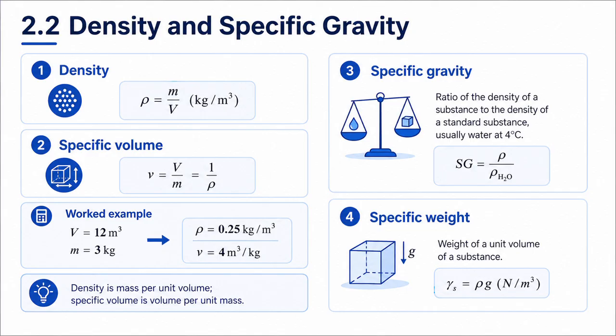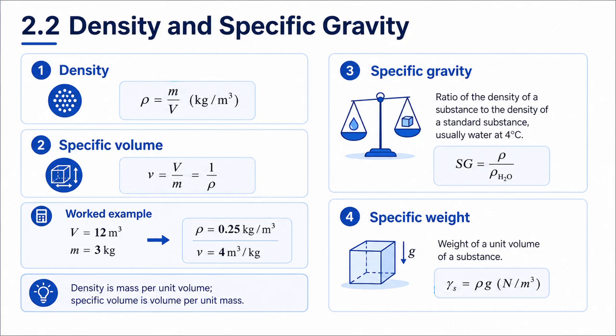For specific volume, small v is equal to capital V by m, where capital V is in meter cube and mass is in kilogram. Basically, it is the inverse of density. There is a worked out example which shows how they are related to each other.